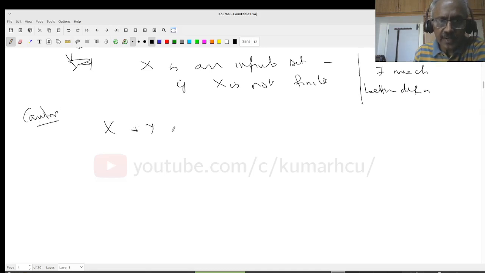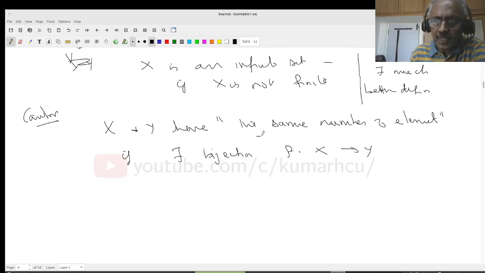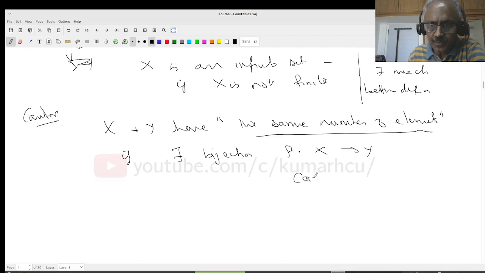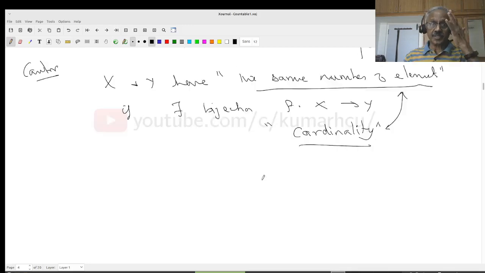X and Y have the same number of elements if there is a bijection f from X to Y. In modern terminology, the phrase number of elements is replaced by cardinality. They have the same cardinality.